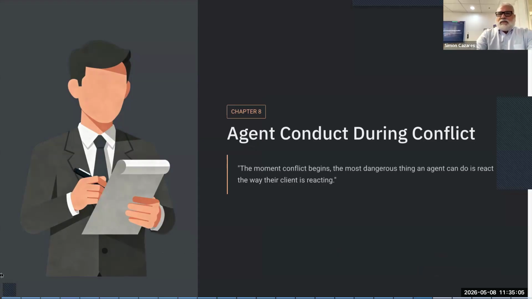Agent conduct during a conflict, right? The moment a conflict begins, the most dangerous thing an agent can do is react the way their clients react. And this happens. I've seen, and I kid you not, and I'm putting this on notice and record, agents get into arguments and fights with their clients, and they're cussing each other out. You know, conduct yourself as a professional at all times.